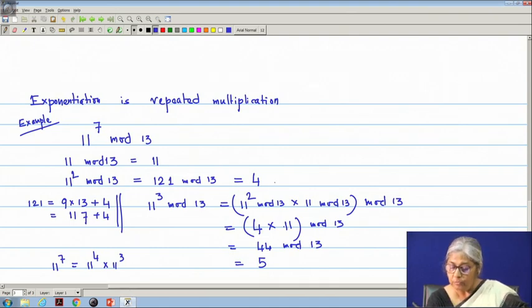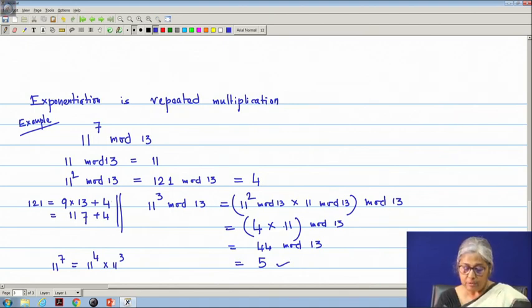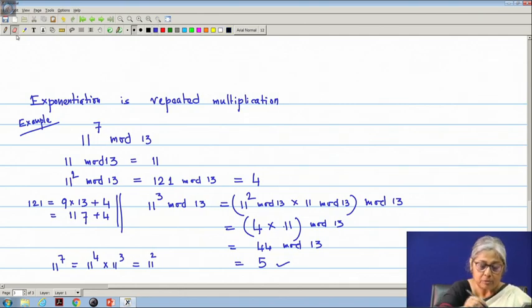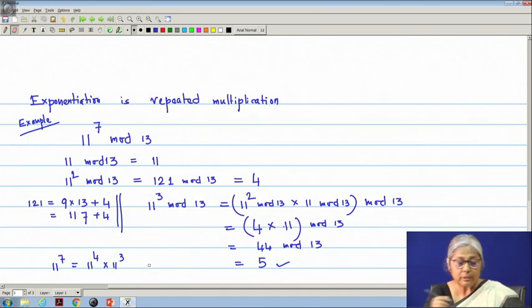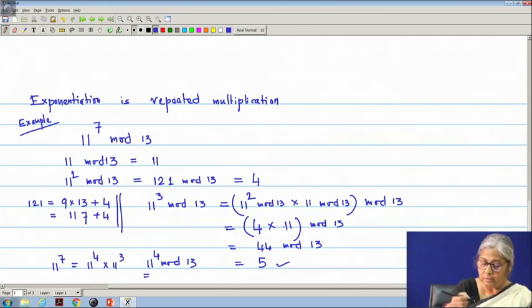So, 11 to the power 3 we got 5, and 11 square we got 4. So, again I can write 11 square, or I can find out 11 to the power 4 only. The same way I can write the 11 cube. So, 11 to the power 4 modulo 13 we have to compute, that we can continue.